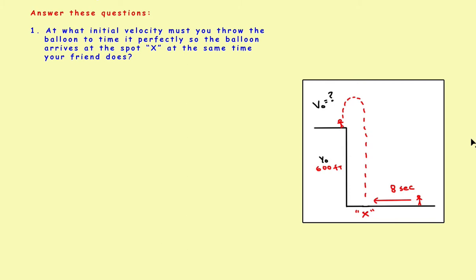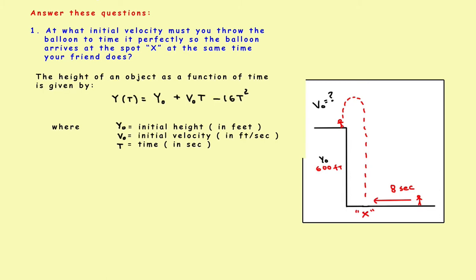The first thing we've got to do is use the general formula for projectile motion that we used in the previous videos. If you go in your book and look, you should find this formula. The height of an object is given as a function of time by this: you've got an initial height, you've got an initial velocity, and this will give you the position of an object in projectile motion, where y sub 0 is the initial height, v sub 0 is the initial velocity, and t is the time in seconds.